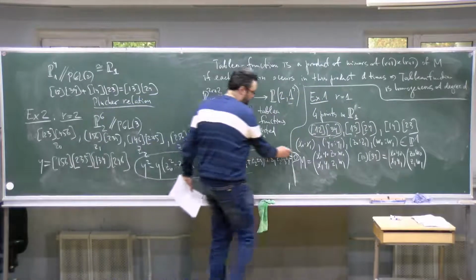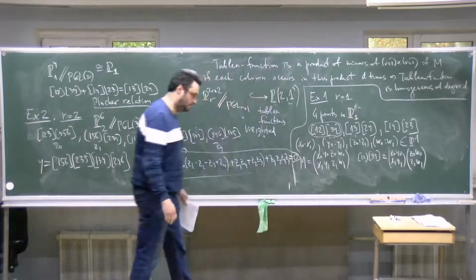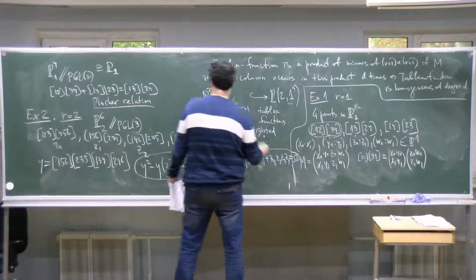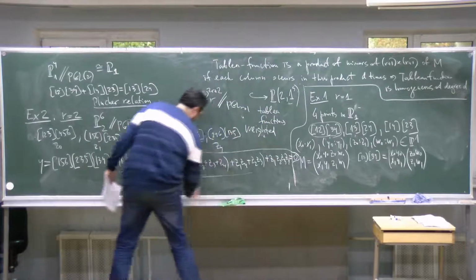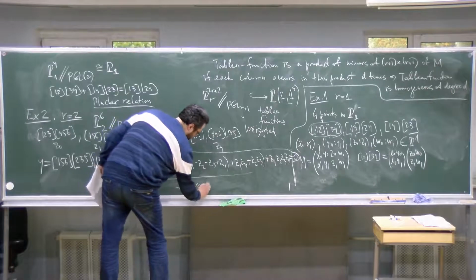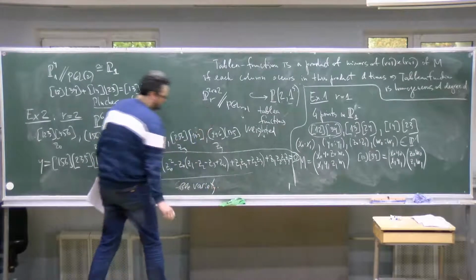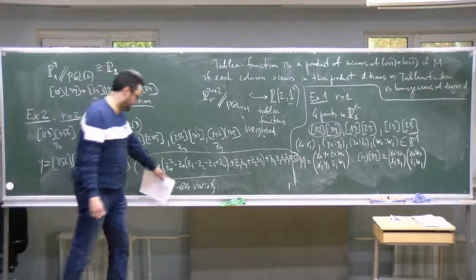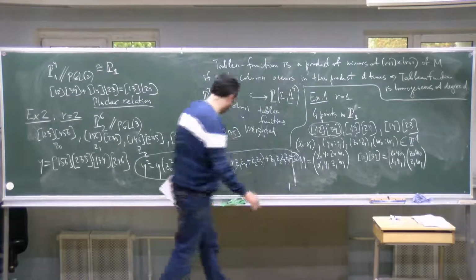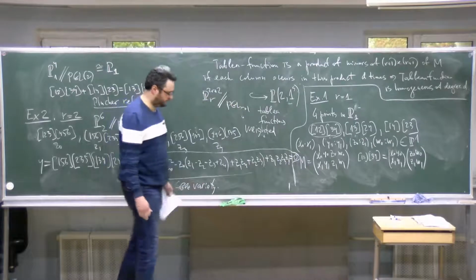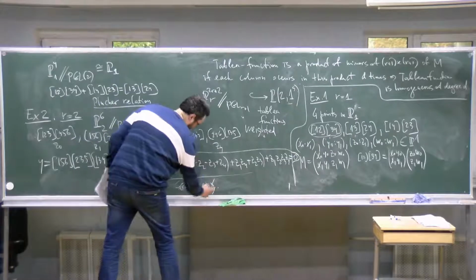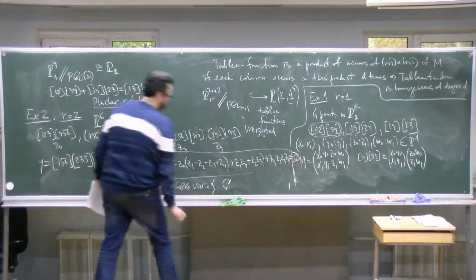This variety is famous and it's called the Coble variety. This variety parameterizes 6 points in the projective plane, and this Coble variety I denote by C.